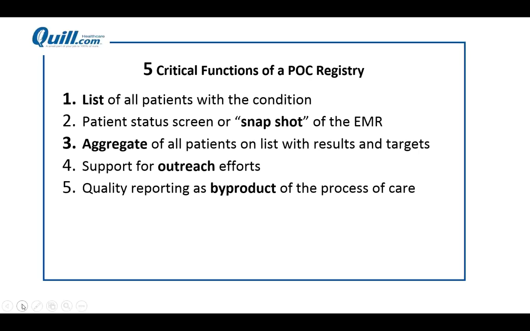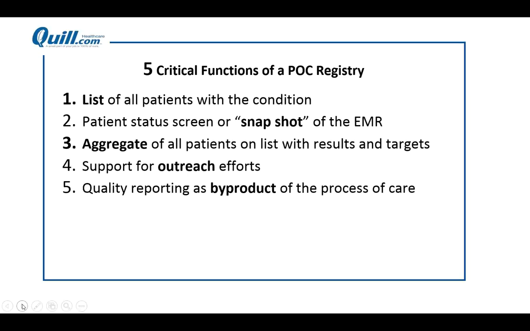And it has to be able to give you a snapshot of that person and whether they are up to date on the things that are dictated by the evidence-based guidelines. It also has to give you an aggregate of all the patients. Just as I mentioned before, all the people with asthma, then you know what percentage have had evidence-based medicine.